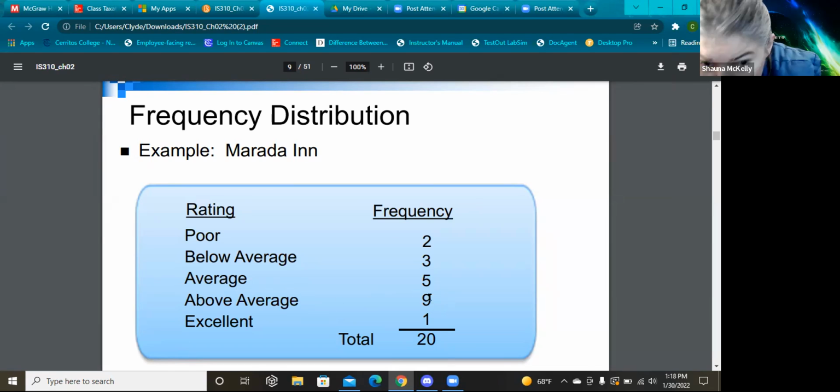But now consider this, you have just as many poor and below average ratings as you do average. So this is not a super duper place. You're not going to recommend this to everybody you know, but you could certainly do worse than this place, it looks like.